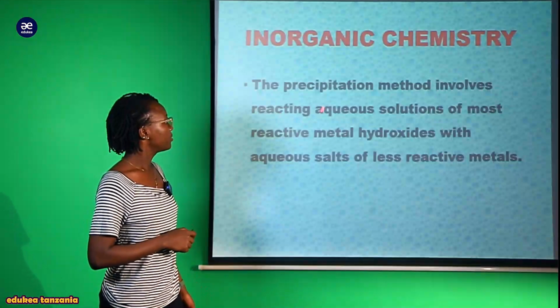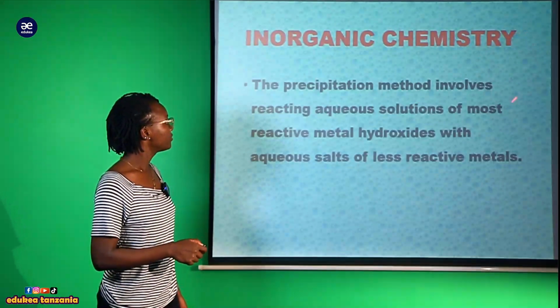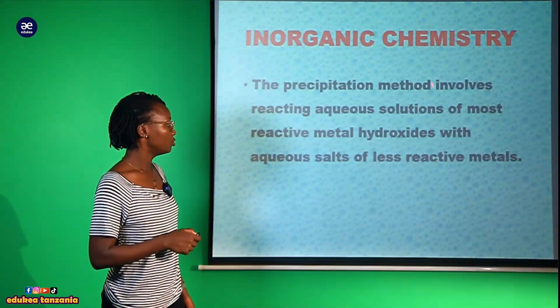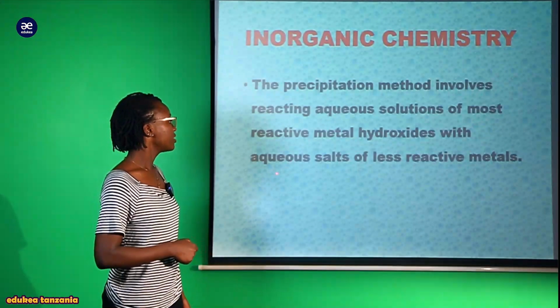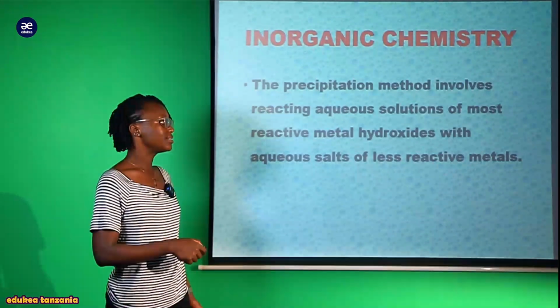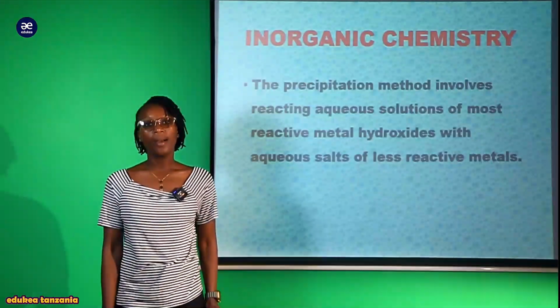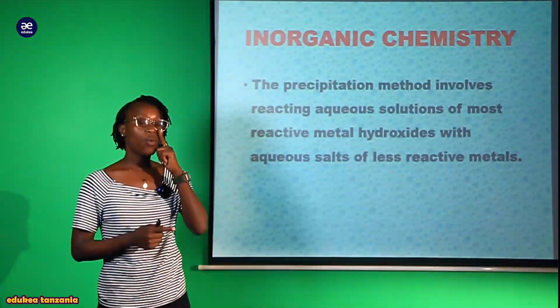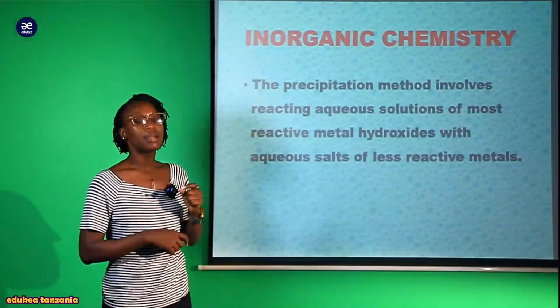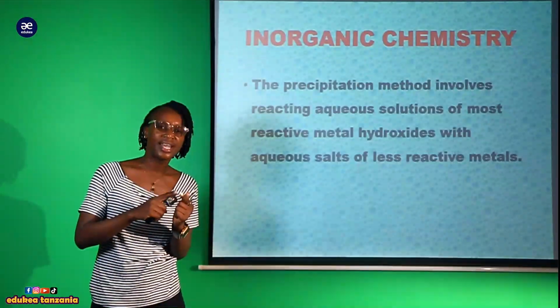Okay, anasema kwamba the precipitation method involves reacting aqueous solution of the most reactive metal hydroxide, with the aqueous salt of the less reactive metal. Kwa hiyo hapa kuna kama ile replacement au mabadilishano. Anasema kwamba hii precipitation method inahusisha reaction kati ya nani na nani.